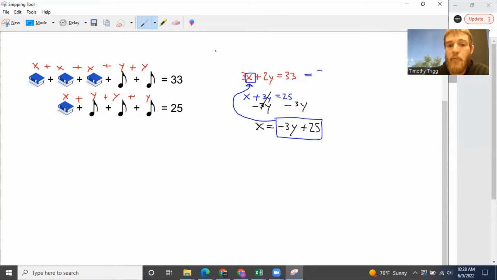In this case, that would be 3 times the value of x. So what's the value of x? Negative 3y plus 25. And then we also have a plus 2y. And then it still says equals 33. Okay? Hopefully that makes sense.